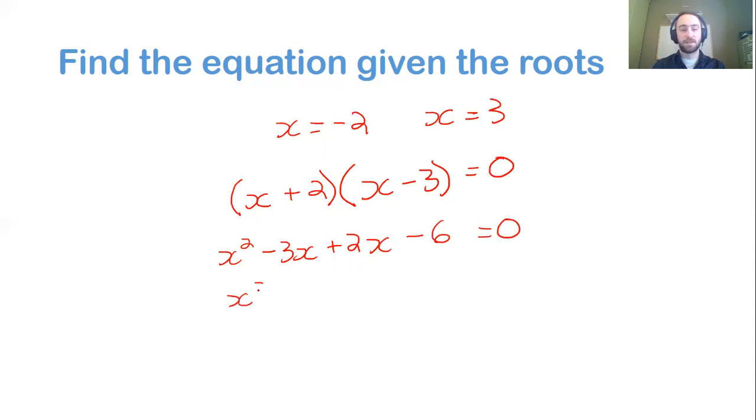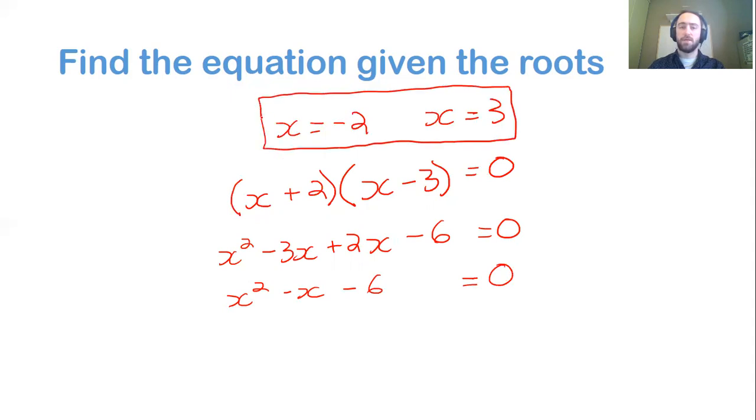Collect like terms: x squared minus x minus 6 is equal to 0. So it doesn't make it any more difficult if we're given our solutions first and we have to find our equation. It's actually pretty simple. We just write out our factors, FOIL, and collect like terms.